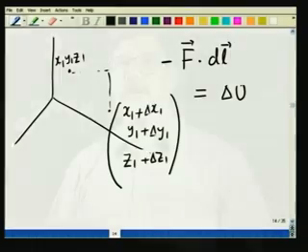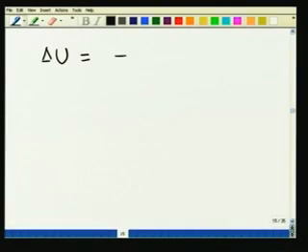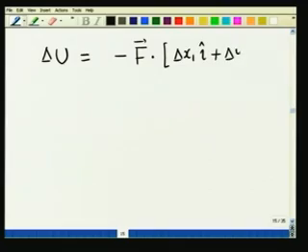That is the change of u between this point and this point. So, between 2 points I am defining delta u, which is equal to minus F dot delta x 1 i plus delta y 1 j plus delta z 1 k.